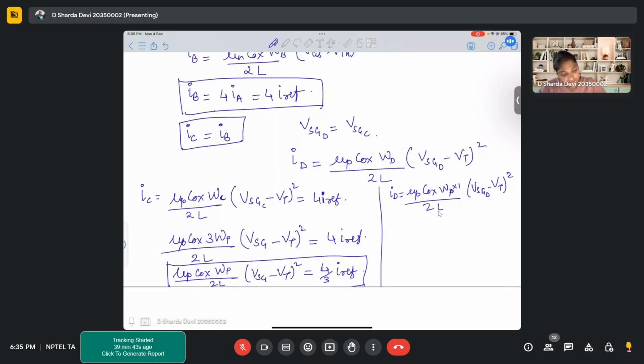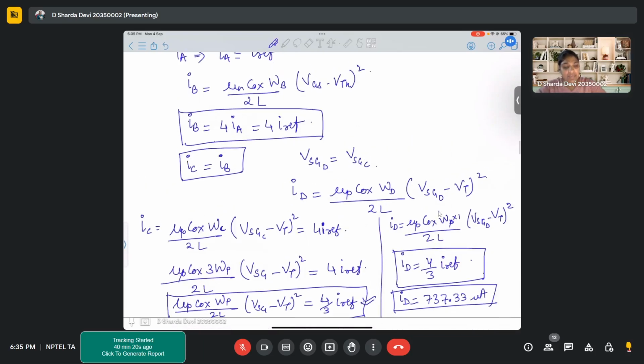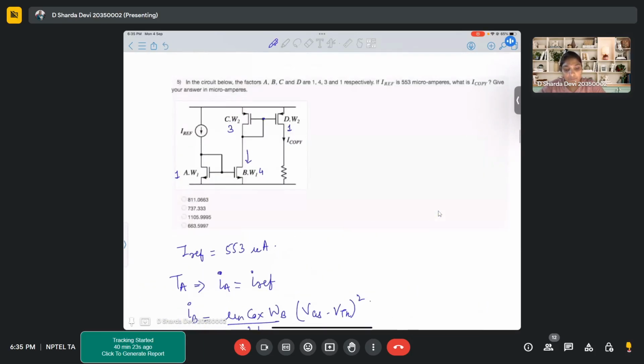We have already found mu P Cox WP by 2L (VSG minus VT) whole square, which is 4 by 3 IREF. So ID will be 4 by 3 times IREF. Any doubts in this? So the value of ID will be 737.33 microamps. Any doubts in how we solved this problem?